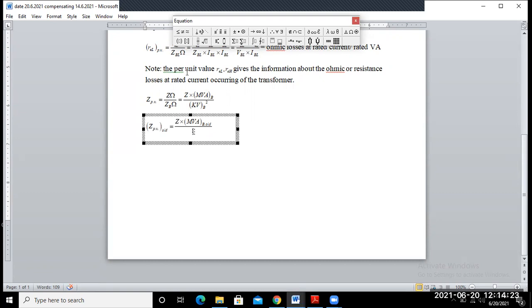Okay, so kilovolt whole square into old, that means old.